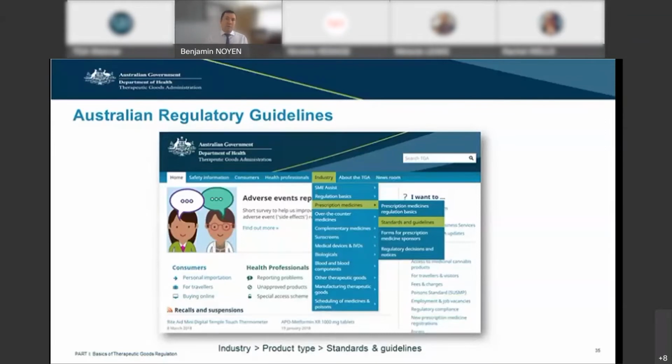The Australian regulatory guidelines are located under the Industry tab on the TGA website. The different types of therapeutic goods are listed underneath. Select standards and guidelines and you'll find the relevant guidelines there. What you'll also find is a lot of links in the guidelines to various other resources.